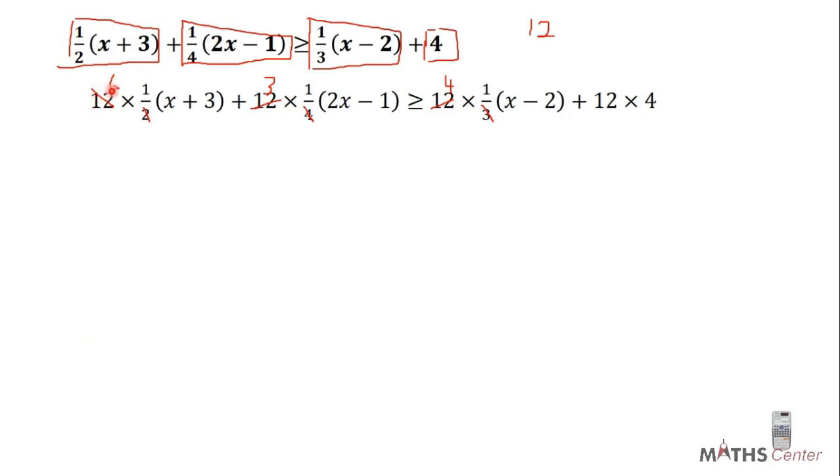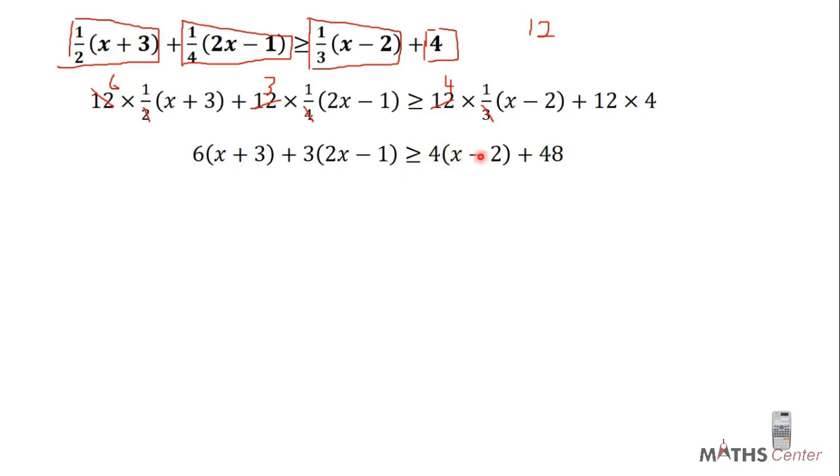So we are going to have 6 times 1, then into bracket this, which is x plus 3. So 6 times 1 is 6, so x plus 3 into bracket will be there. 3 times 1 is 3. Then you bring the bracket 2x minus 1. Then you close the brackets, greater than or equal to 4 times 1 is 4.